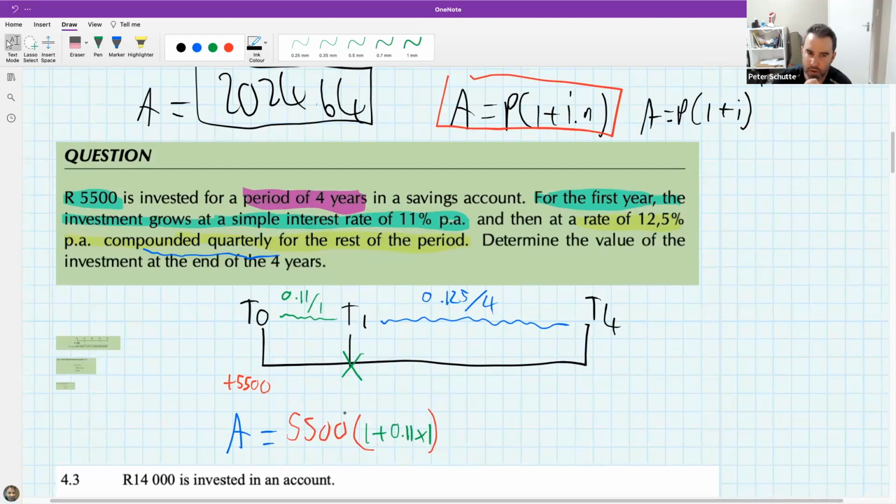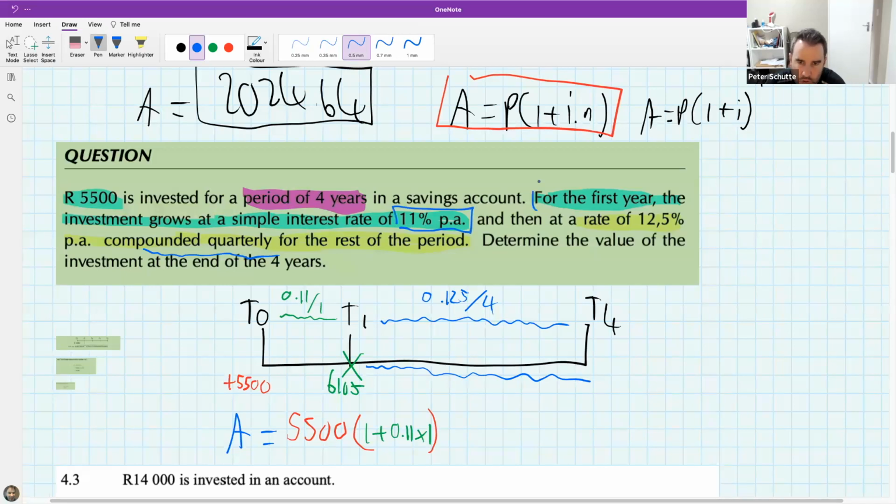Okay, so you're correctly seeing that you have 6,105, but you're not done. You still need that 6,105 to grow for a little bit more time. Why did I say 1 instead of 12? Kumalo, in here, it says a simple interest rate of 11% per annum.